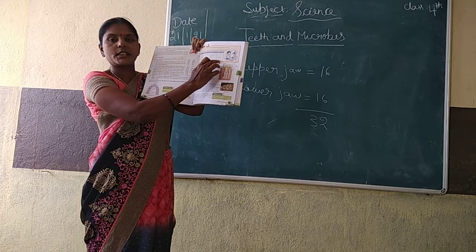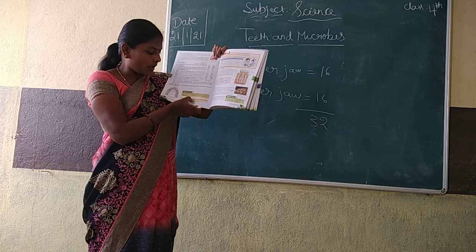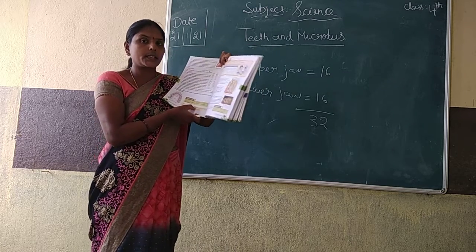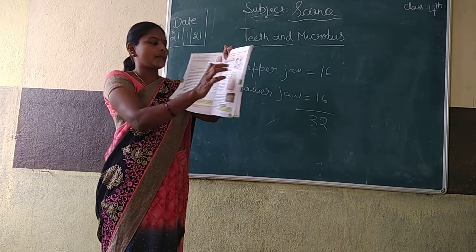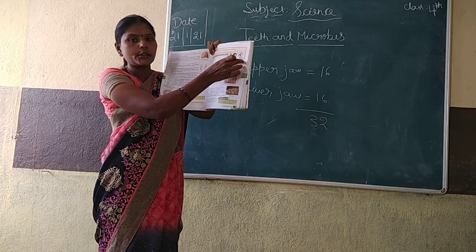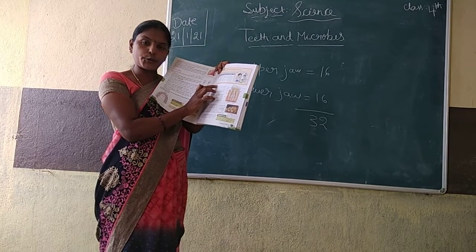Totally 16 plus 16, 32. In adults, how many teeth? 32 teeth. Understood? This table also understood? Yes. See that table. Clear? Okay. Parts of a tooth.